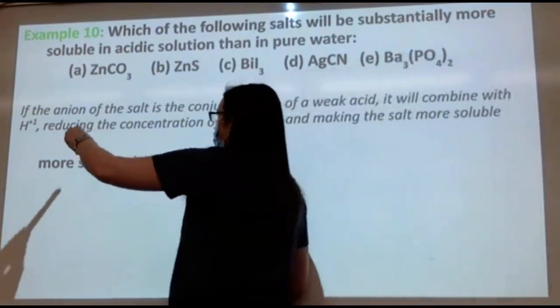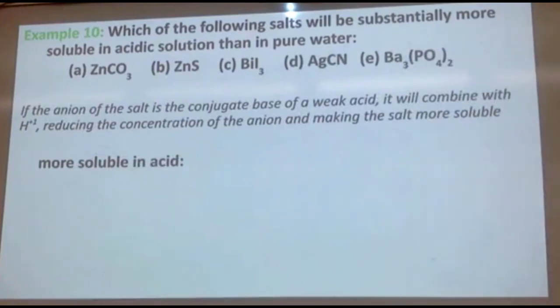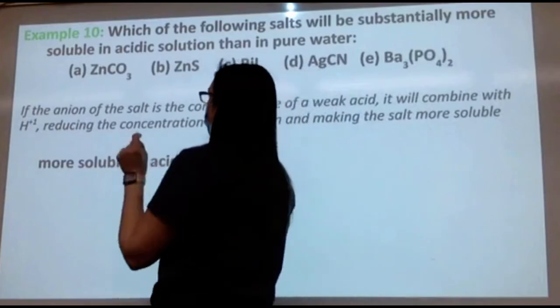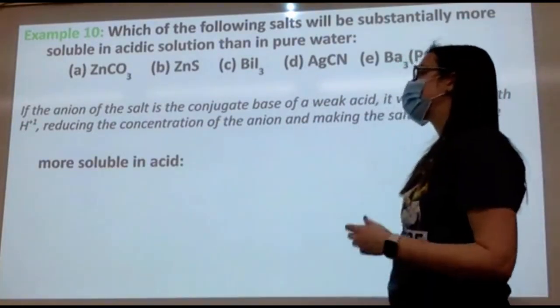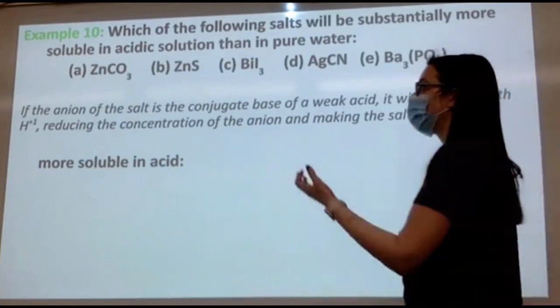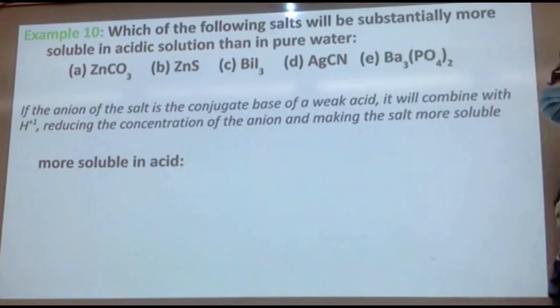So this is what we go off of with acidic solutions. When we have a salt, if the anion of the salt is a base, so if it's a weak base, when we put it into an acidic solution, that weak base will react with acid and will actually be removed from solution. It's reacting, it's going to be gone, it's reacting and forming something else.